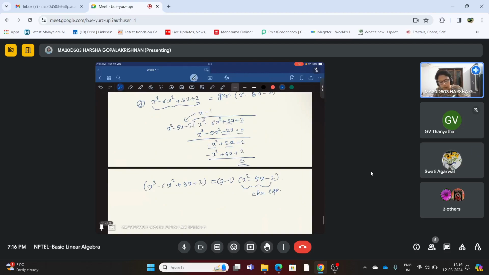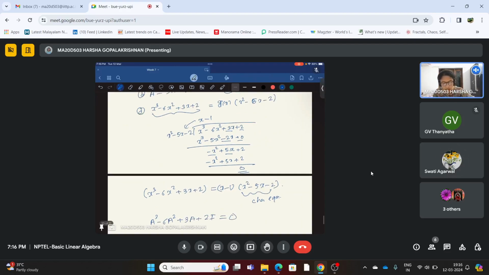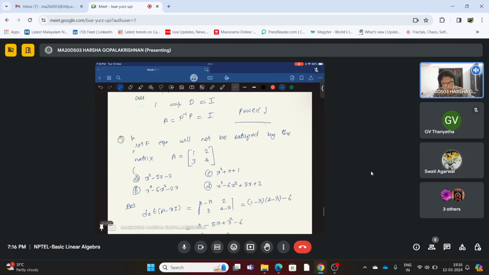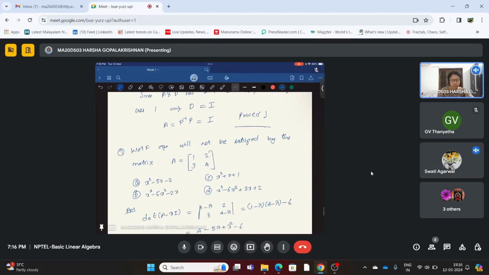Now what we can say about A cube minus 6A square plus 3A plus 2I? That will also satisfy, so it should be equal to 0. The question was which will not be satisfied by the matrix. So A, B, D are all satisfying, so C is the answer. I am just eliminating the options.